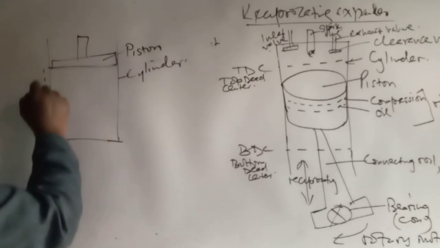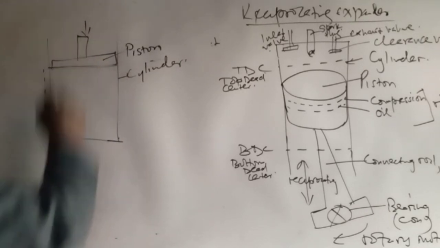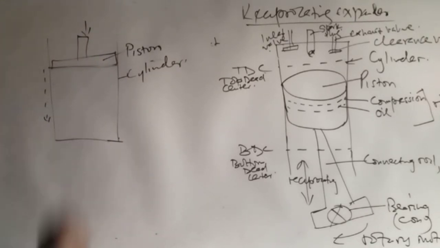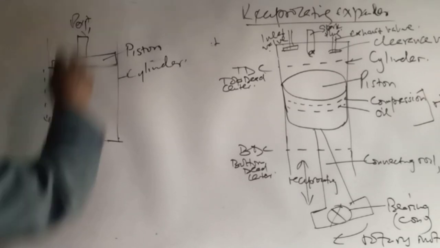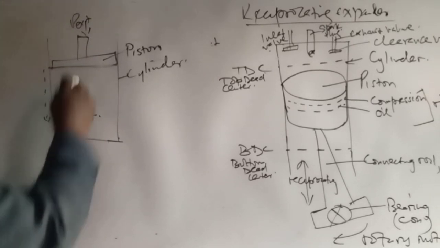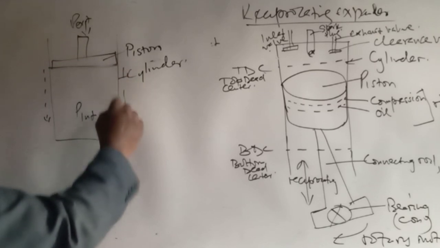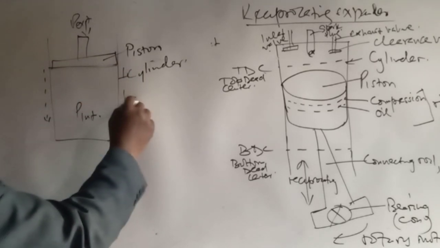Now, in this particular case, if you have an external pressure greater than the internal pressure of the gas, then you will push the piston down. That's a compression process.